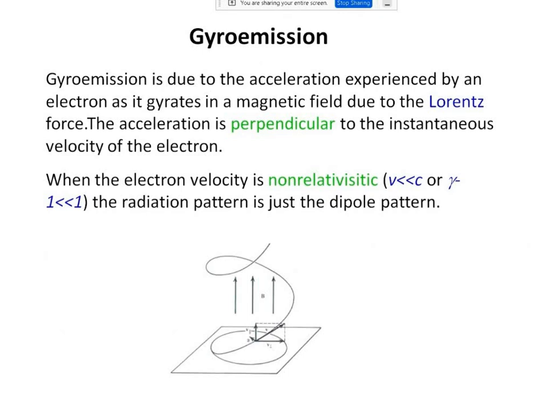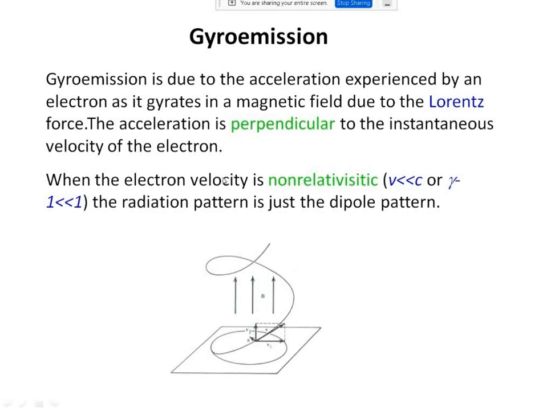Let's first introduce the gyro emission. It's due to the acceleration experienced by an electron as it gyrates in the magnetic field due to the Lorentz force. The acceleration is perpendicular to the instantaneous velocity of the electrons.